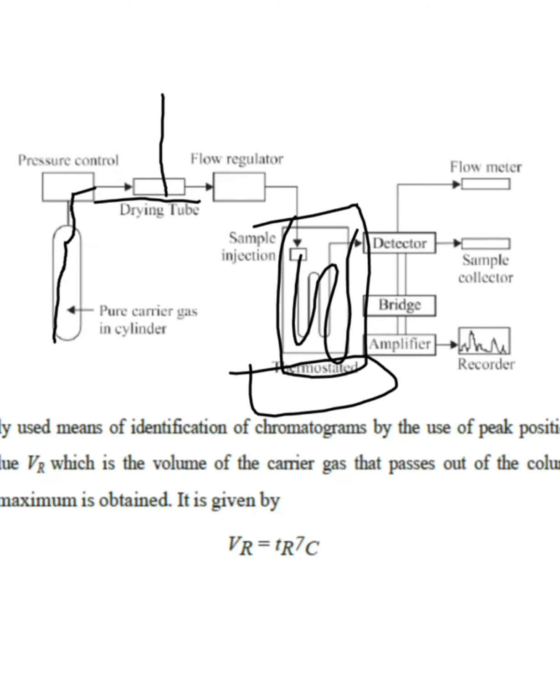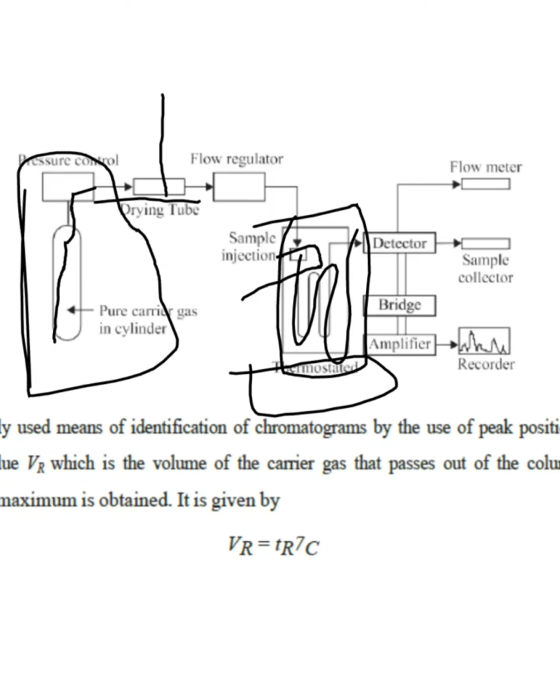The sample which is injected should be converted to the vapor form so that it mixes with the gas in the mobile phase, combines with the gas, and further flows through the column.